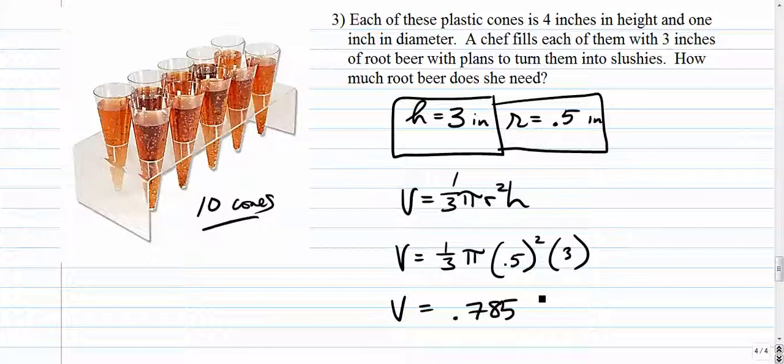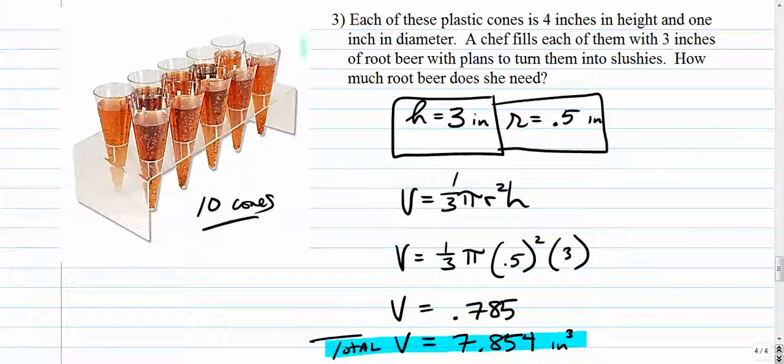Multiply that by 10. You just move that 1 place to the right. So this is the total volume: 7.854. And that's cubic inches. That's how much root beer she would need to fill these cones up if she wanted to turn them into slushies with a height of 3 inches.